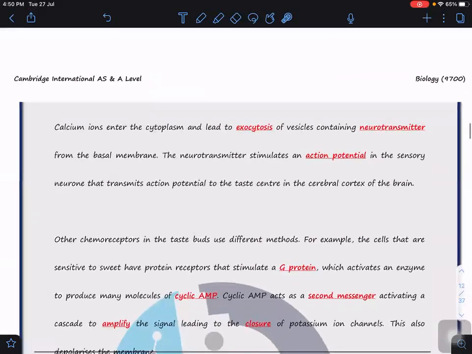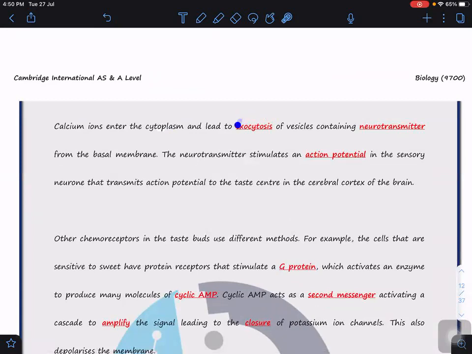So calcium ions enter the cytoplasm and lead to exocytosis of the vesicle containing neurotransmitter, and the neurotransmitter stimulates an action potential in the sensory neurons that transmits it to the taste center in the cerebral cortex of our brains to interpret the signal.